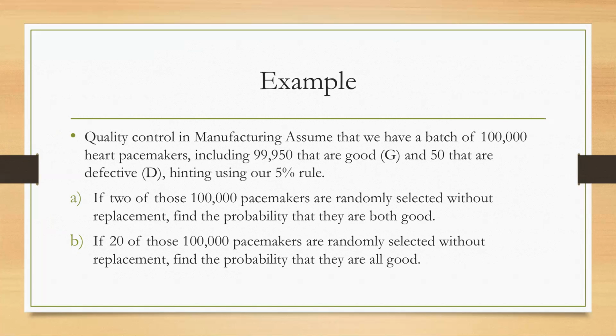Find the probability they are both good. In that case, you just do 99,950 divided by 100,000 times 99,949 divided by 99,999. That would be the probability both are good. But if we do 20 of those pacemakers, this could be a really big calculation, and this is where the cumbersome calculation might be helpful.